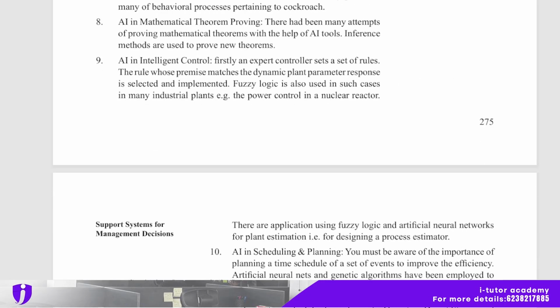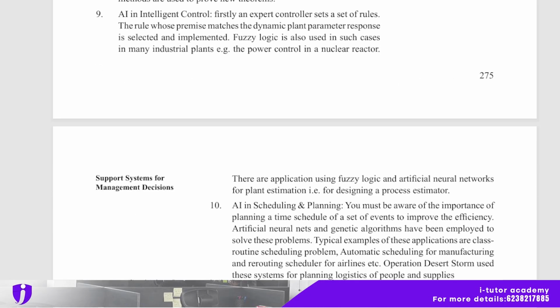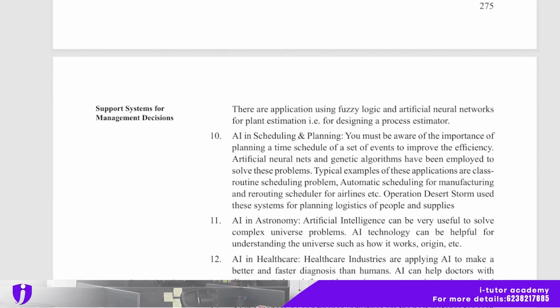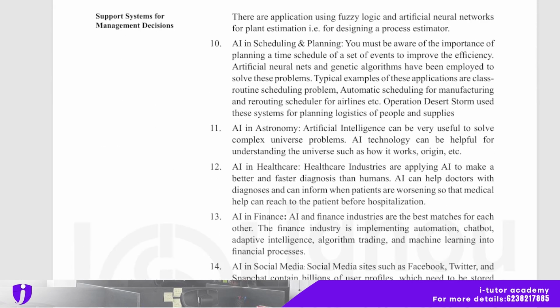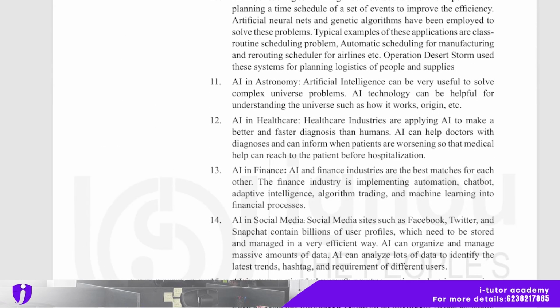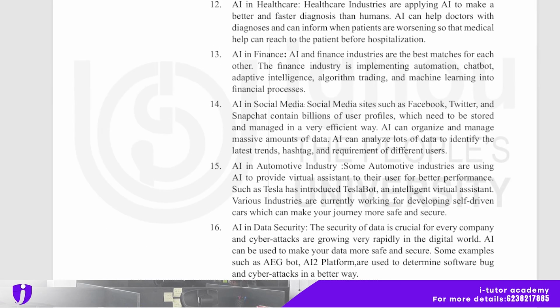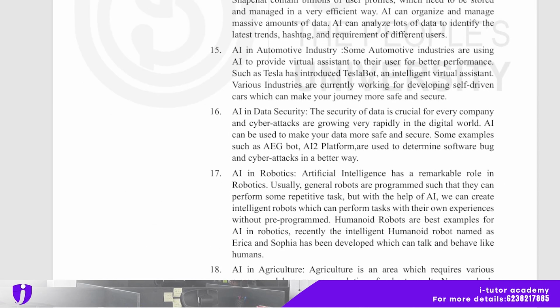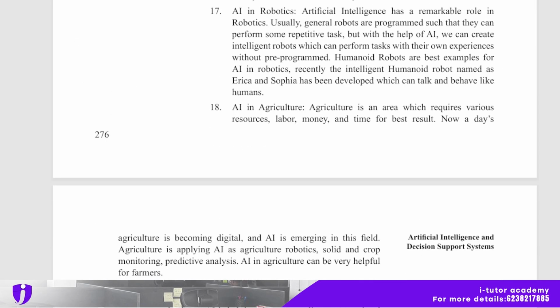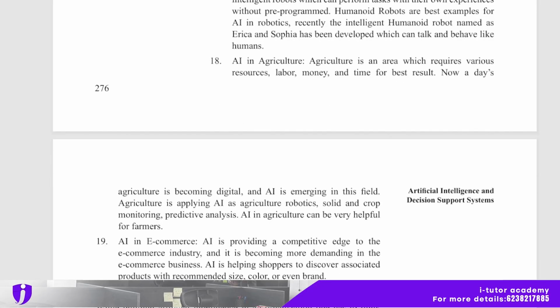AI in scheduling and planning is there, AI in astronomy, healthcare, finance, social media, automotive industry, data security, robotics, agriculture, e-commerce, like that. AI is playing a main role in these areas.